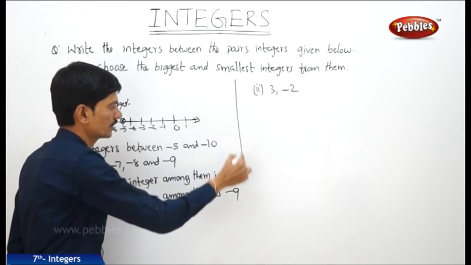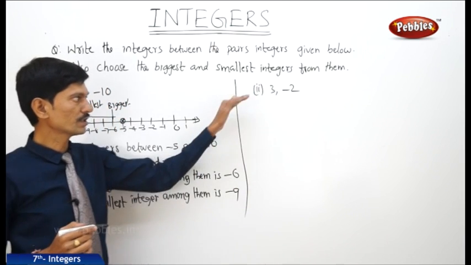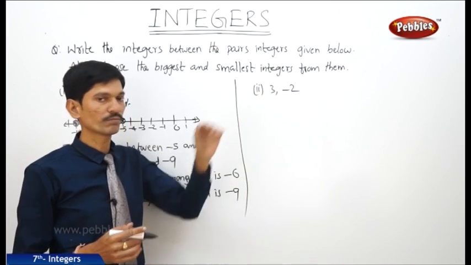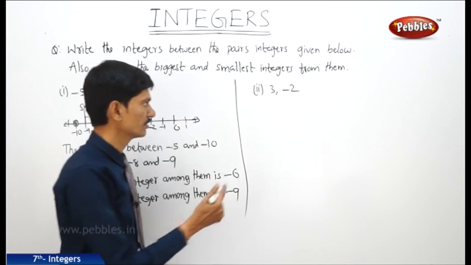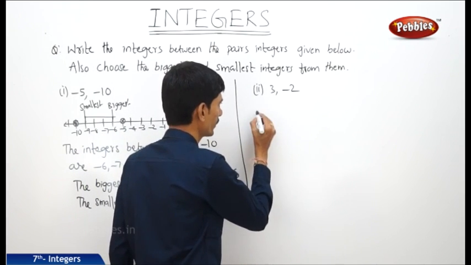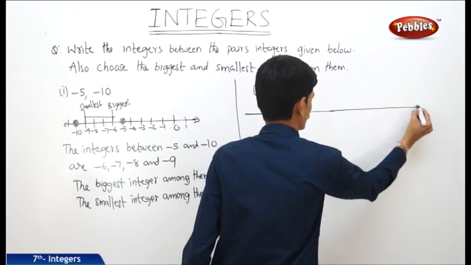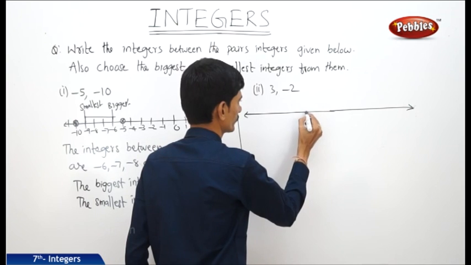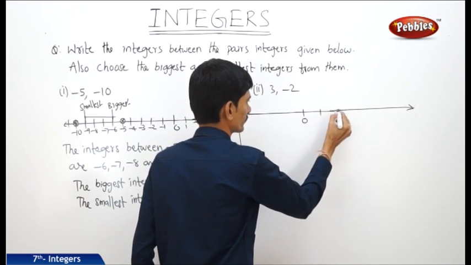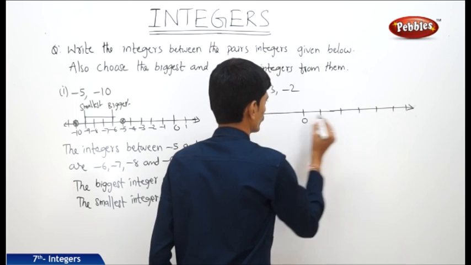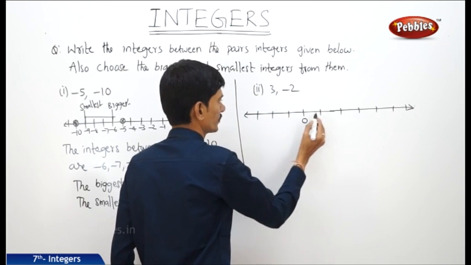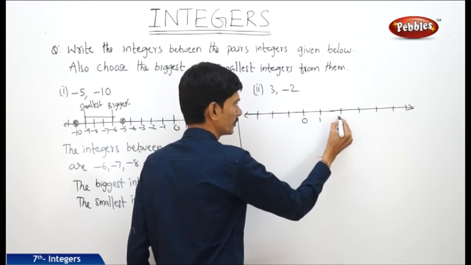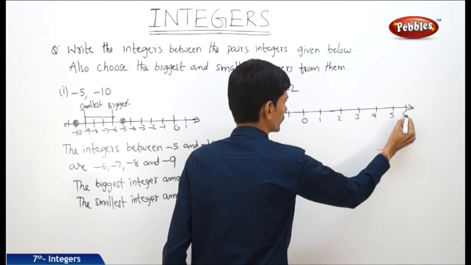Now the next question, 3 comma -2. So what are the integers that lie between a positive integer 3 and a negative integer -2? So here also let us draw the number line to find the integers between 3 and -2. To the right of 0 we take the positive integers like 1, 2, 3, 4, 5, 6 and so on.